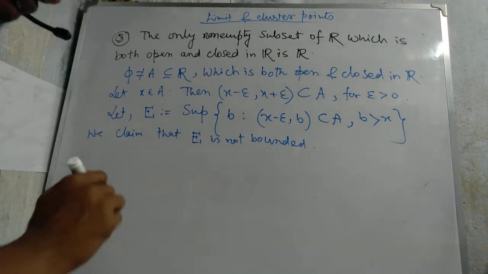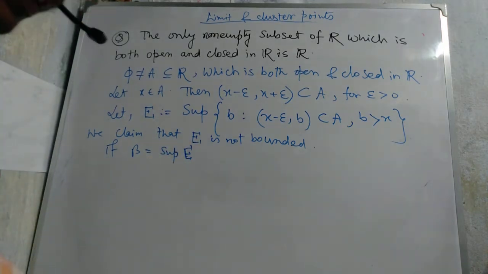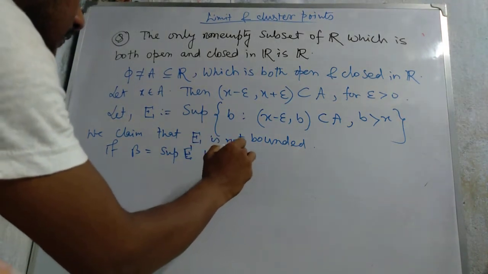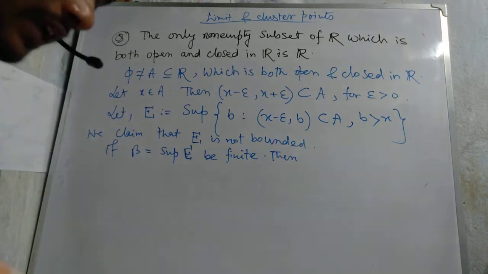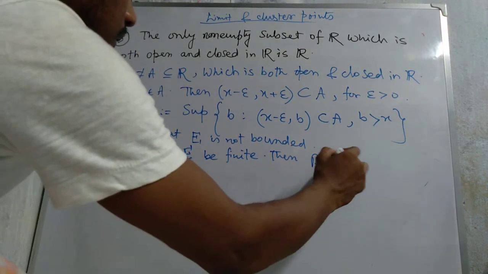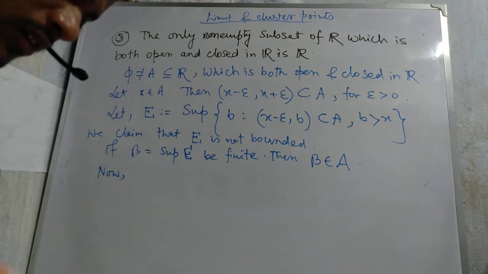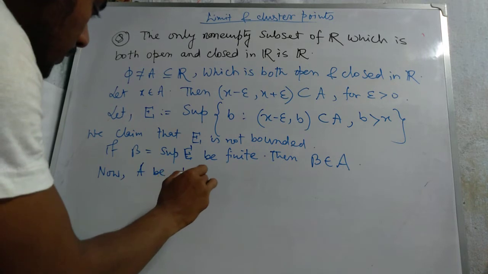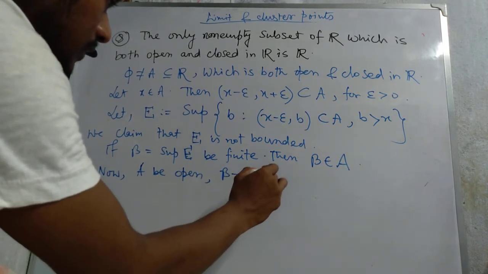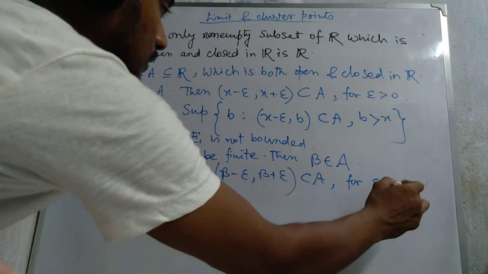Now if beta equal to supremum of E is finite, then beta belongs to A. Okay, now A being open means (beta minus epsilon, beta plus epsilon) is a subset of A for some epsilon greater than 0.